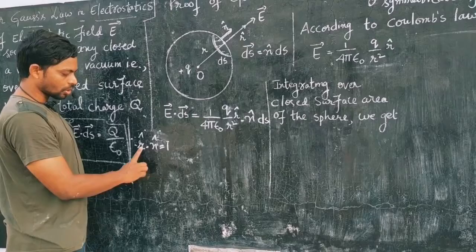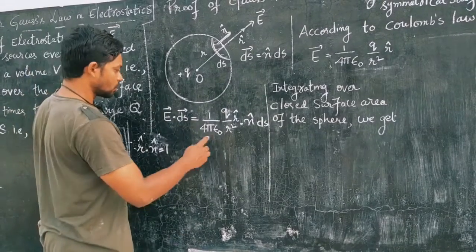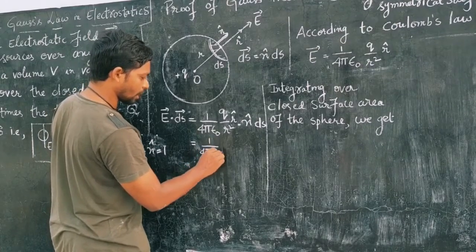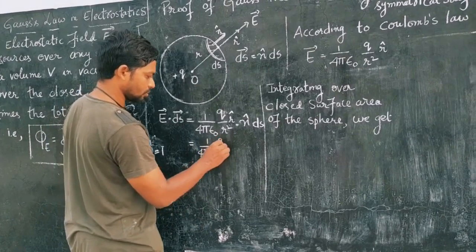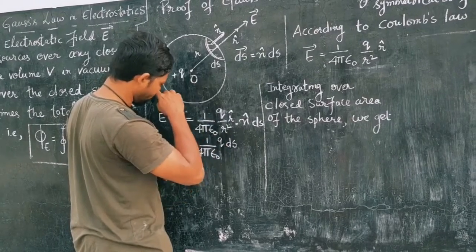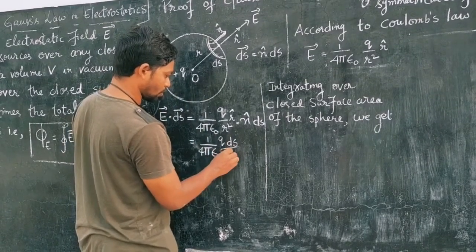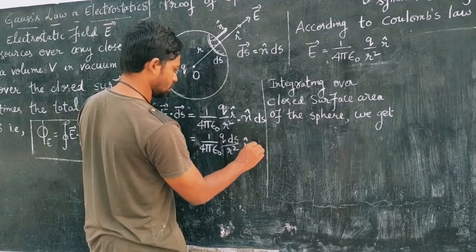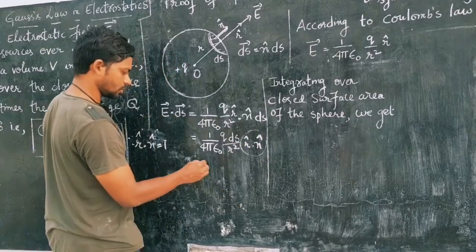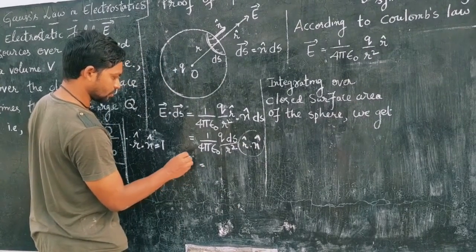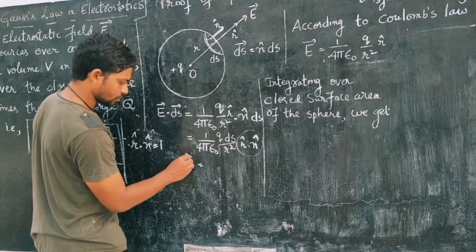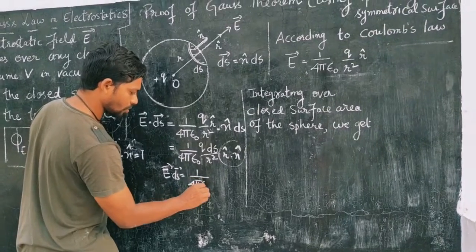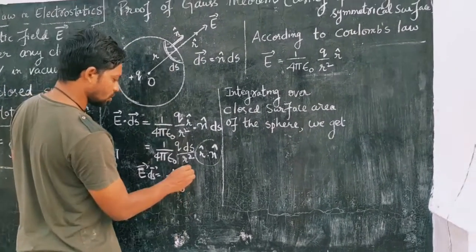Since the dot product of two unit vectors is 1, so I can write this as 1 by 4 pi epsilon naught Q by r square dS.